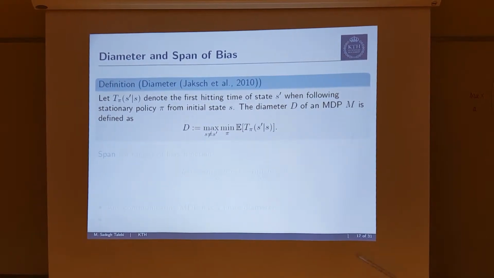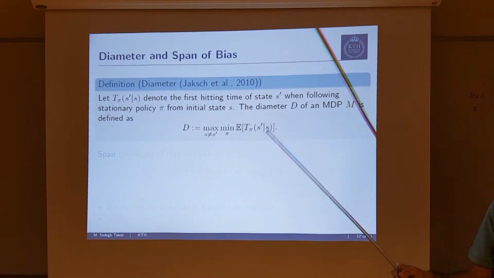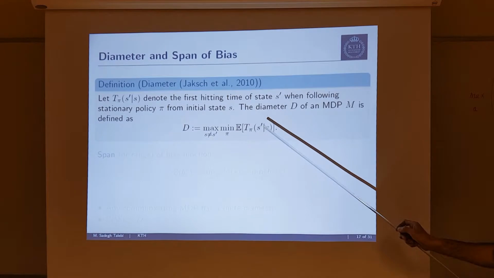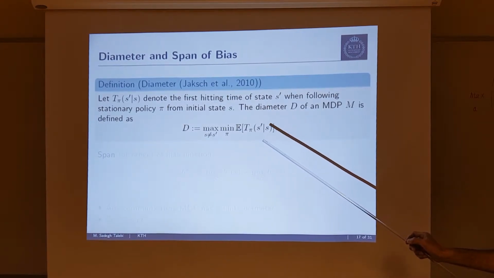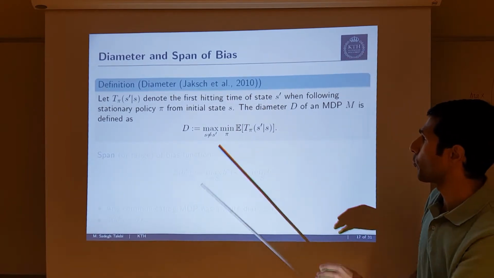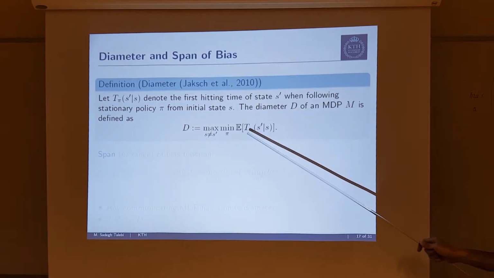The diameter D of an MDP M is this. Basically the worst traveling time between any pair of states, under the best policy that does this in expectation. This makes sense, right? If you forget about this maximum, this inner quantity is the fastest time you can travel from S to S prime under the best policy, under the fastest policy, right?